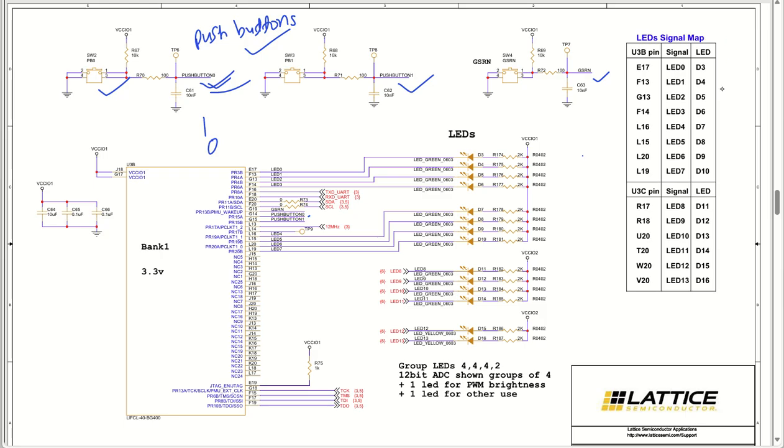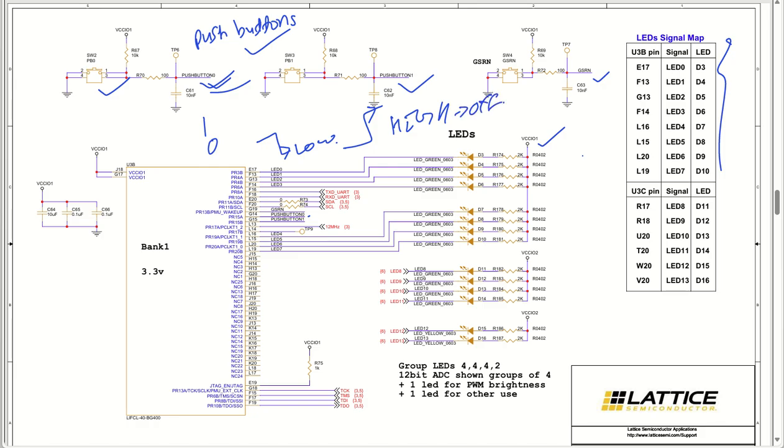We have several LEDs that have been used, and they can be utilized in such a fashion. As you can see, this particular VCC IO line is driving the LEDs. When this particular pin goes low, the LED will start glowing, and whenever it goes high, it will restrict the current flow, and the LED will be off.